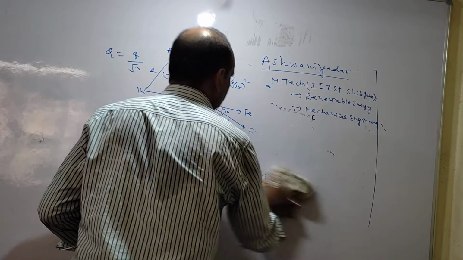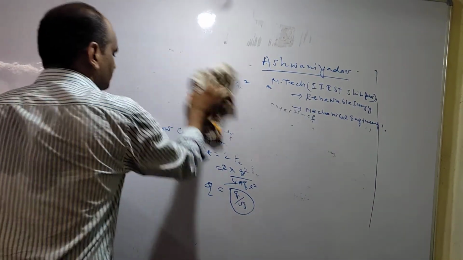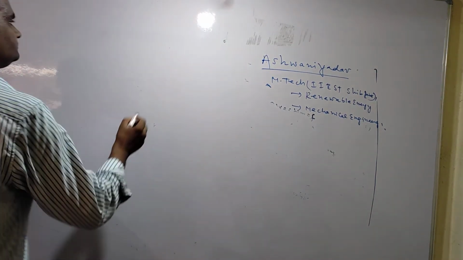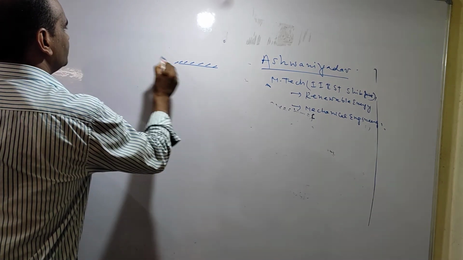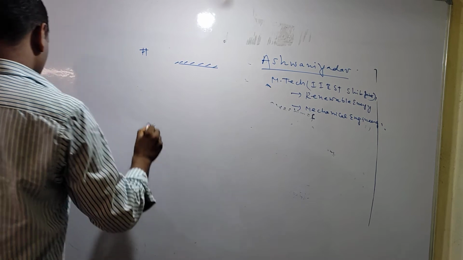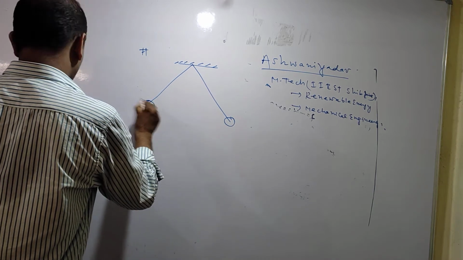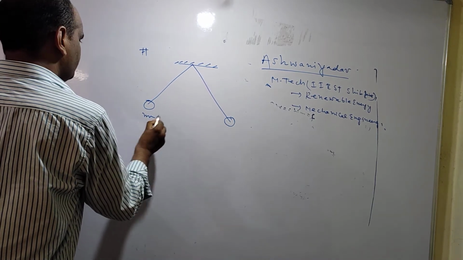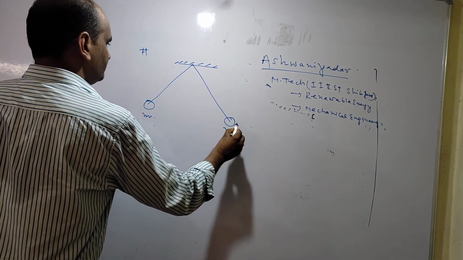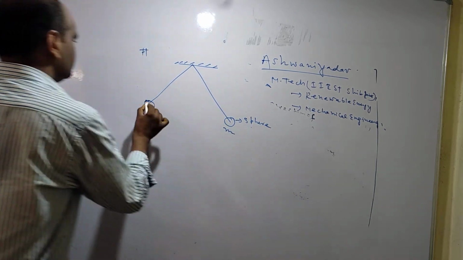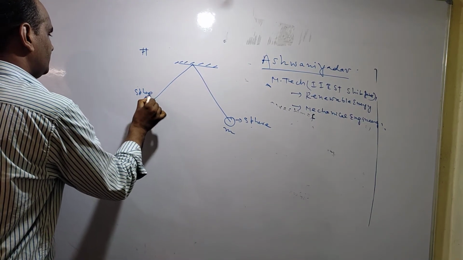Now we will continue with some good problems on the concept of Coulomb's law and use the simple expression of this force. One more illustration. We have two identical spheres, this one and this one, each of mass m.